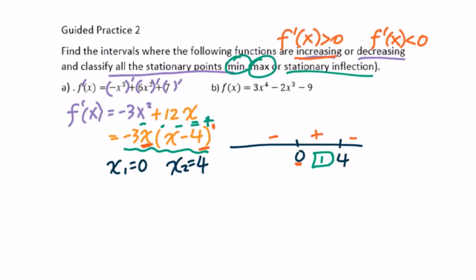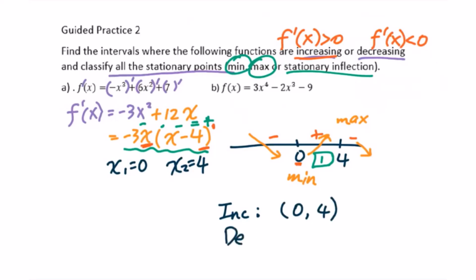Therefore, you could say this is decreasing, here is increasing, then decreasing. Therefore, 0 will be a minimum. For this 4, it will be a maximum point. So we write down the increasing interval, that is from 0 to 4.